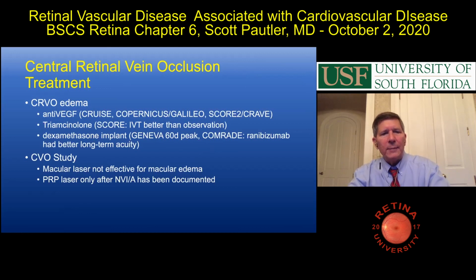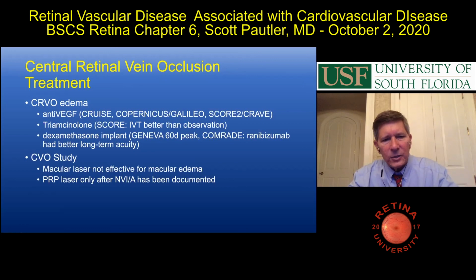Another reason why I'm not as fond of steroids in central vein occlusion is because these patients often have underlying glaucoma or are at risk of getting glaucoma because they had the occlusion at the lamina cribrosa, and so they may be at high risk of complications. The CVO study showed that macular laser is not effective for macular edema in central vein occlusion.